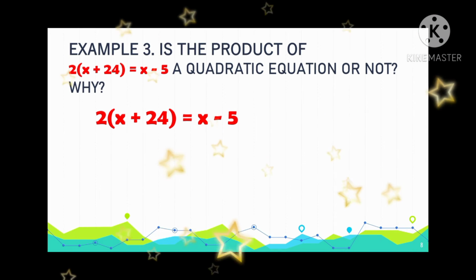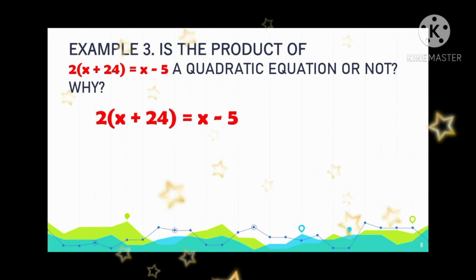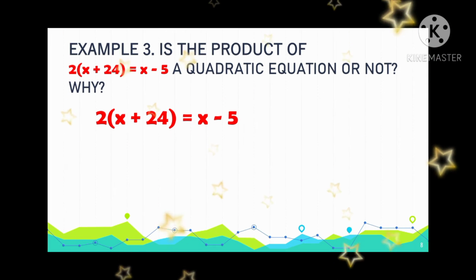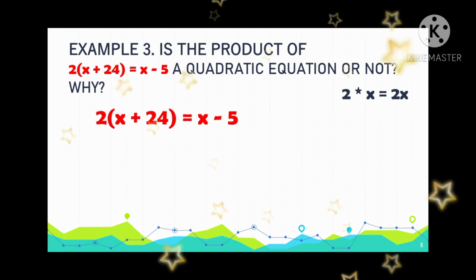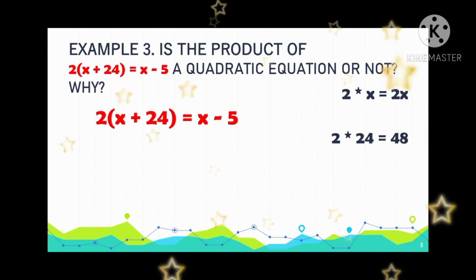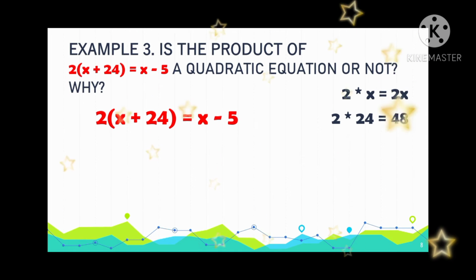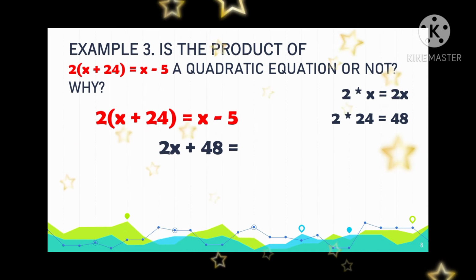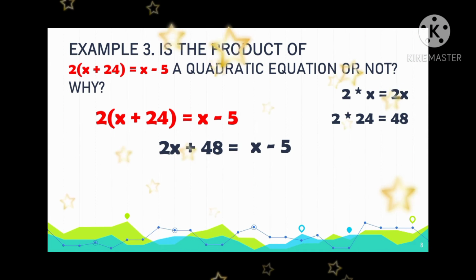So, alisin natin yung grouping symbol. So, we will use the distributive property of multiplication. So, multiply 2 by x, that is 2x. Then, 2 multiplied by 24 is 48. Then, write 2x plus 48. Then, equal to x minus 5.